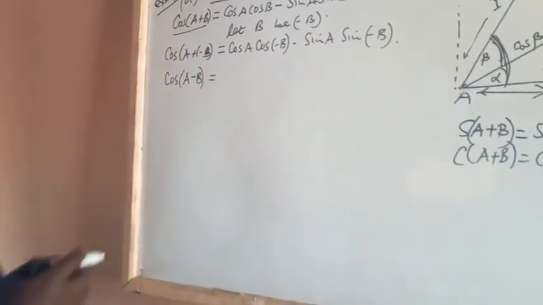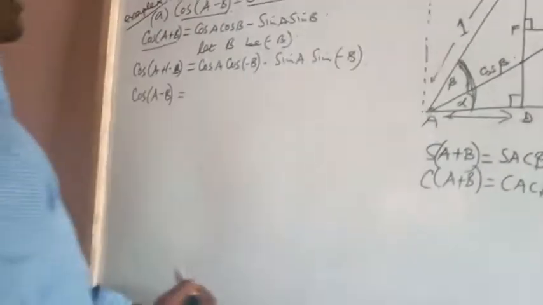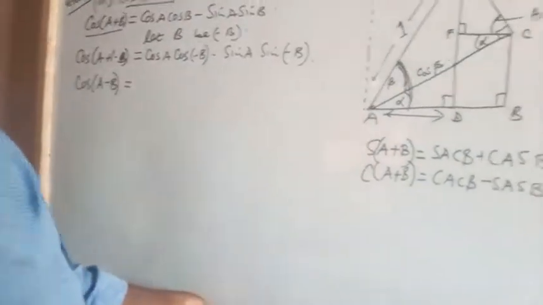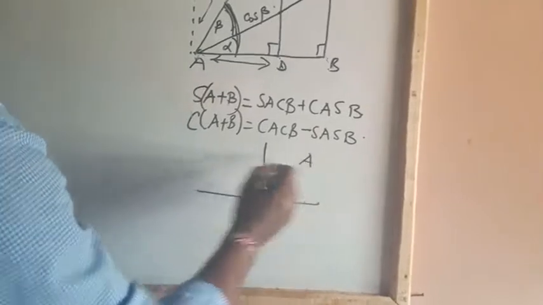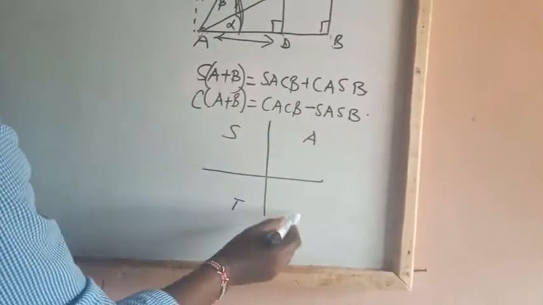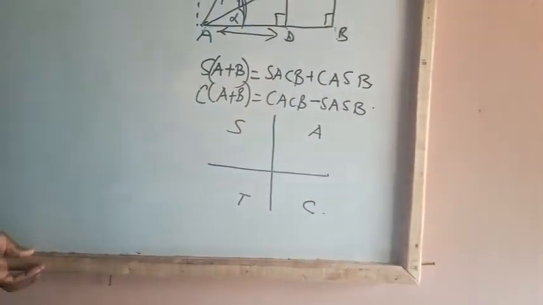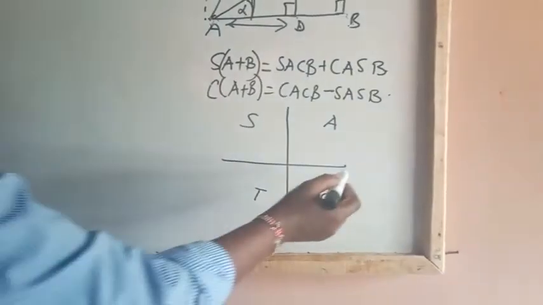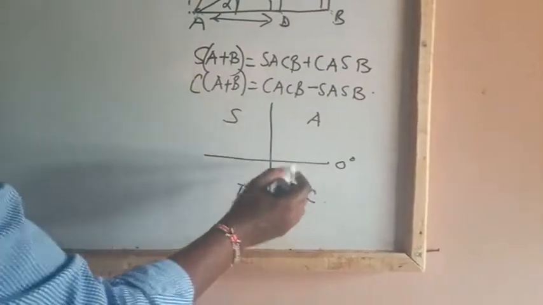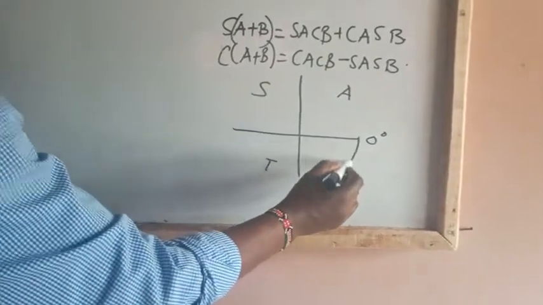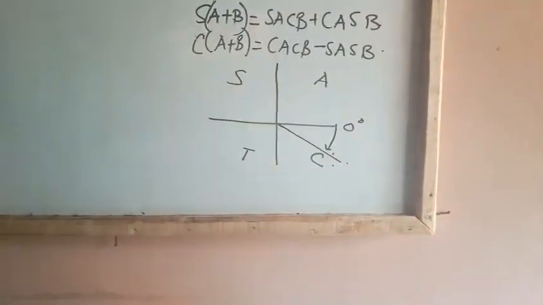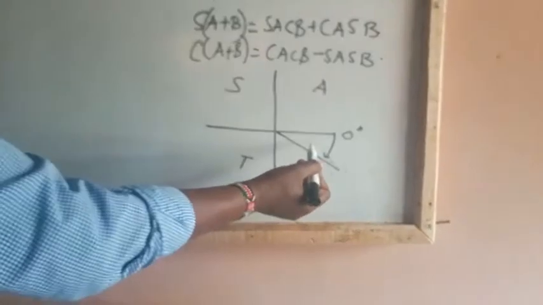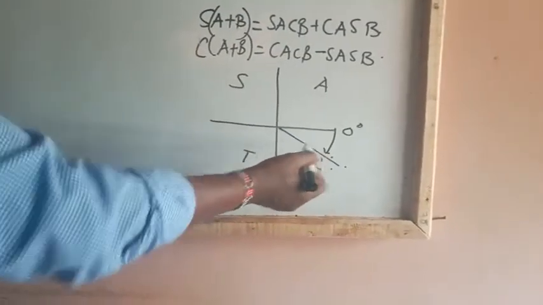Before we do anything, it is important to resort to the unit circle. We know very well that from 0 degrees, negative B is an angle that heads in the clockwise direction, and it is obviously going to be in the fourth quadrant.